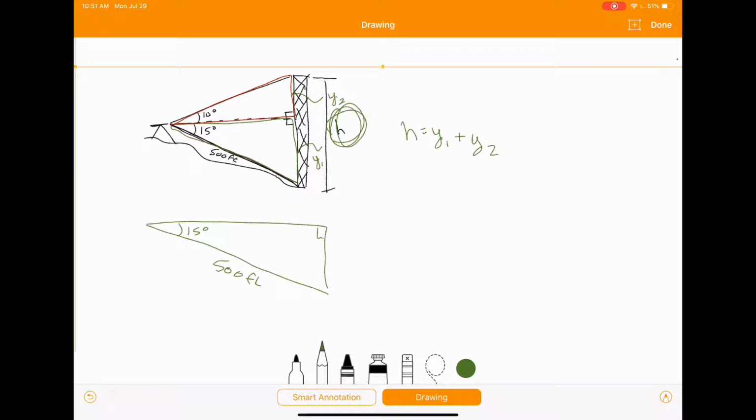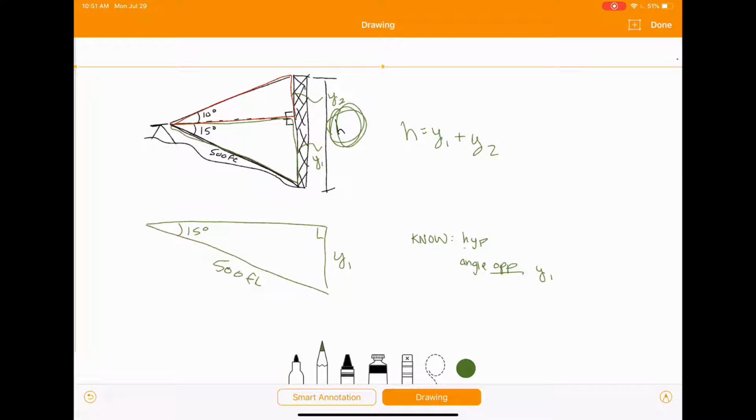So from our first triangle, we know that this is Y1, and we need to find Y1. Looking at this triangle, we know the hypotenuse, but we also know the angle opposite of Y1.